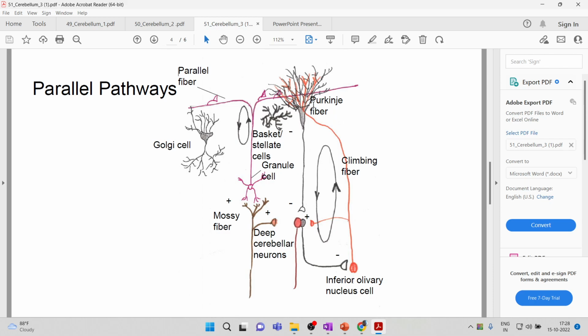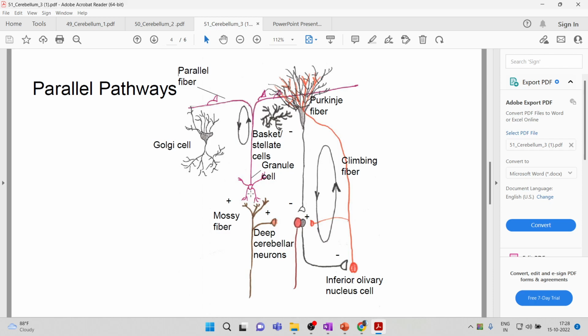So these excite the Purkinje cells, and then the Purkinje cells cause inhibition in the deep cerebellar nuclei. So this is the inhibition that happens. Similarly, the mossy fibers excite the granule cells. The granule cells in turn excite the Purkinje cells, and then the Purkinje cells cause inhibition in the deep cerebellar neurons. So Purkinje cells lead to inhibition in the deep cerebellar neurons. That is the key takeaway.